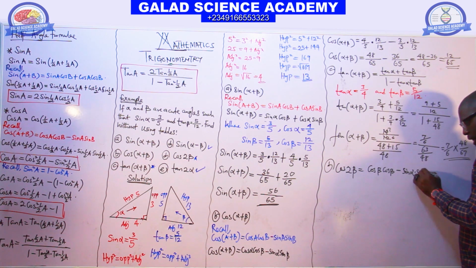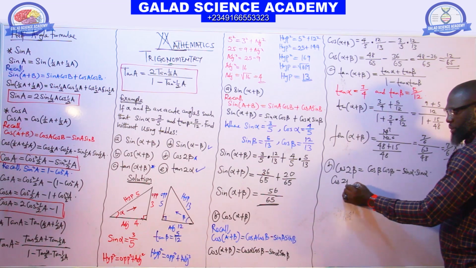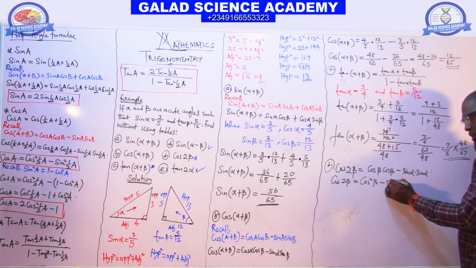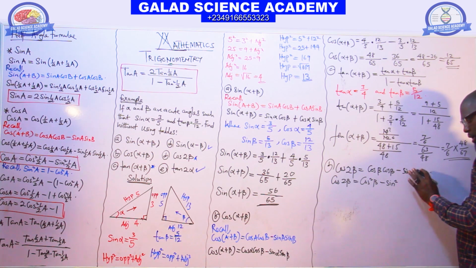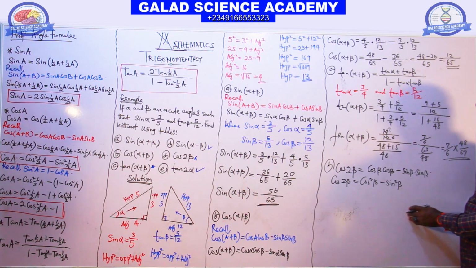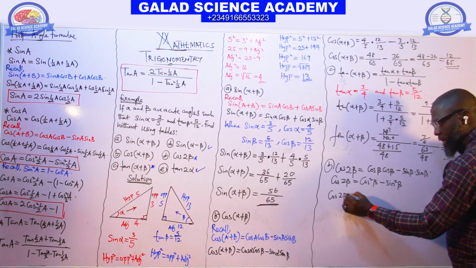This will later give us cos 2 beta. This is a double angle. We have done it before. Cos squared beta minus sine squared beta. So, yeah, this is cos 2 beta.